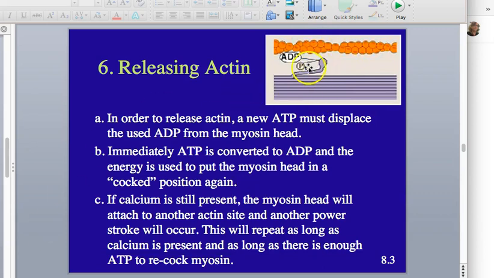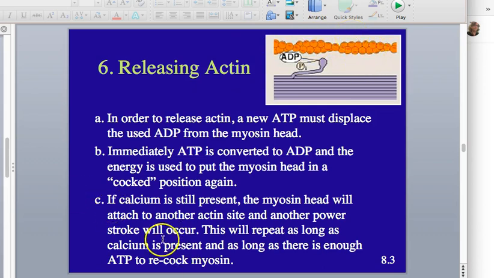if you have energy present, it's going to go in and pop onto this myosin and cause myosin to release. Well, as soon as myosin releases, if troponin is still holding tropomyosin so the active sites are open, myosin's just going to grab another one. And you get more and more contraction. Awesome.